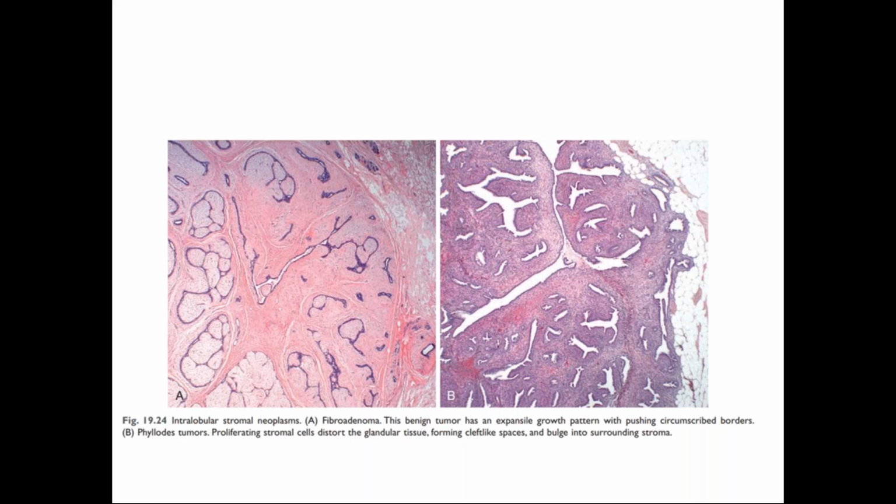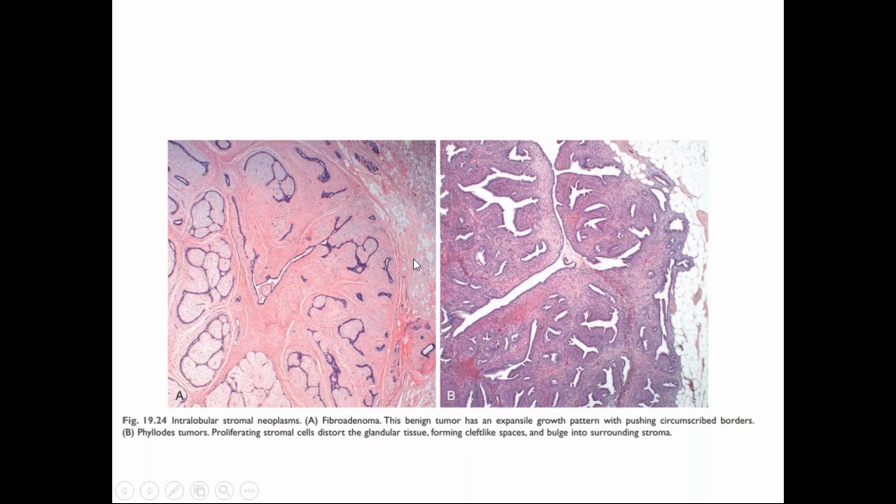So this is the fibroadenoma, which is having slit-like spaces within the surrounding stromal component. This is the phyllodes lesion. It is having comparatively more stromal element or more cellularity of the stroma compared to this fibroadenoma.